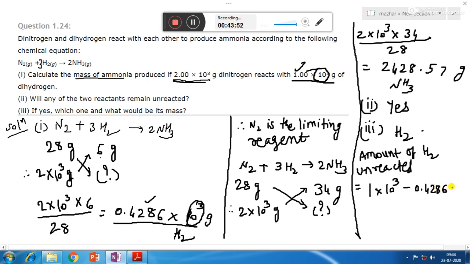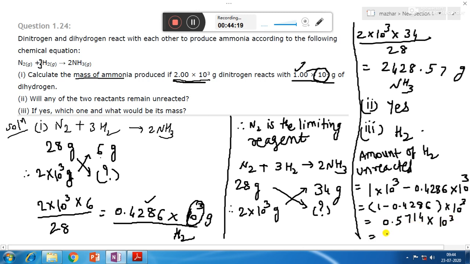So this is the amount which reacted according to the balanced equation. So when you take 10 raised to 3 as common, we have 1 minus 0.4286, so that is equal to 0.5714 into 10 raised to 3.